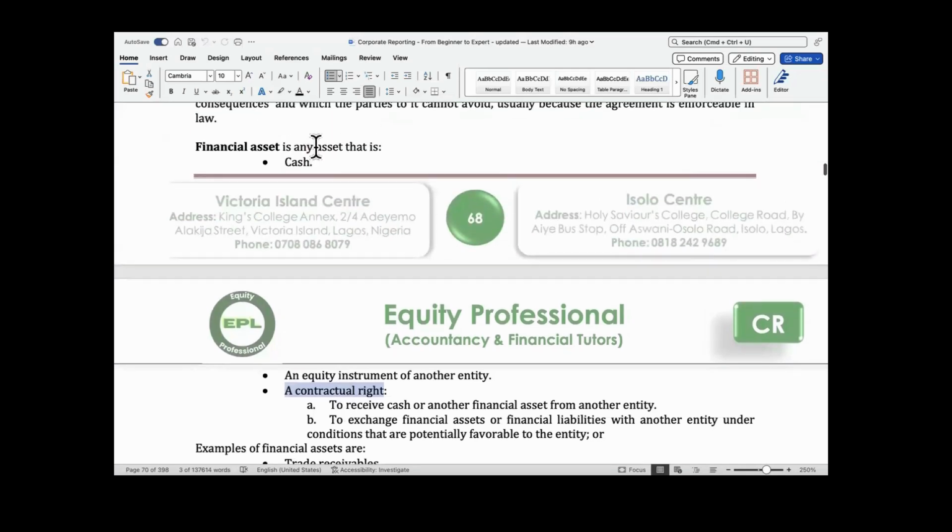Financial asset is any asset that is cash. What is cash? Cash is cash. It has no other definition.